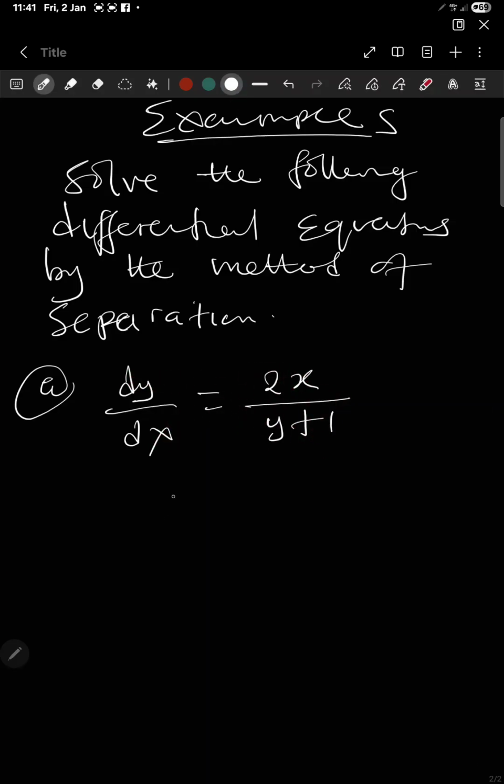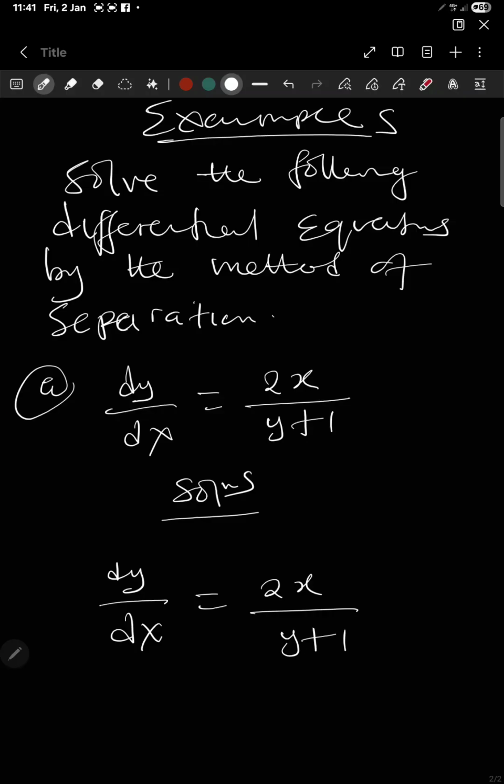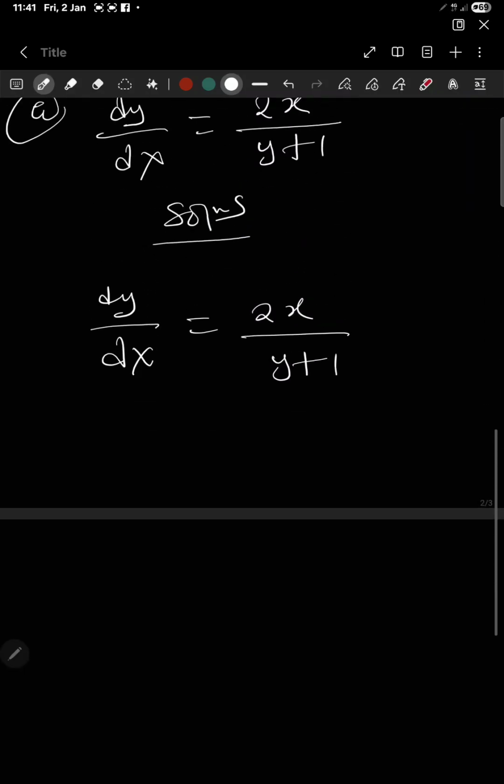We are going to start by rewriting the question, which is dy dx is equal to 2x over y plus 1. We want to attach the function of x to the x. What you can start by doing is very simple.